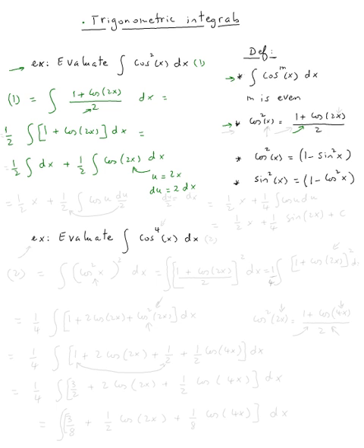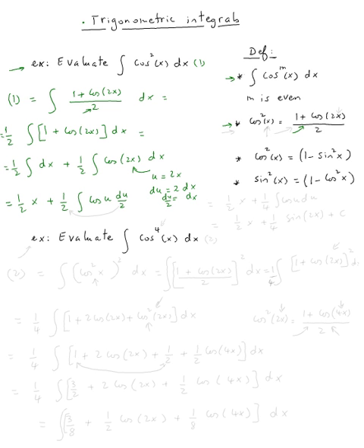This will be equal to 1/2 integral of dx, which is x, plus 1/2 integral of cosine of u, and the dx we can tell here is just du over 2. So du over 2, right?